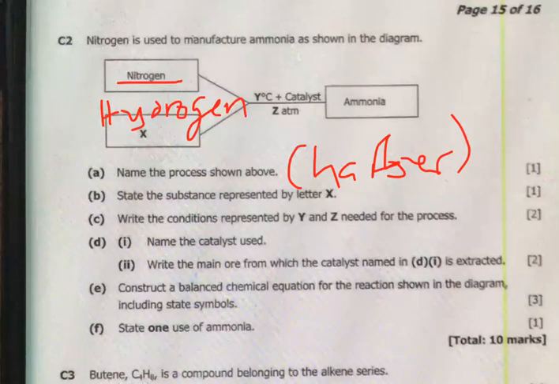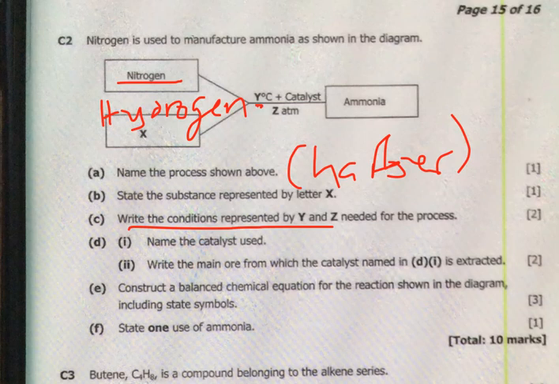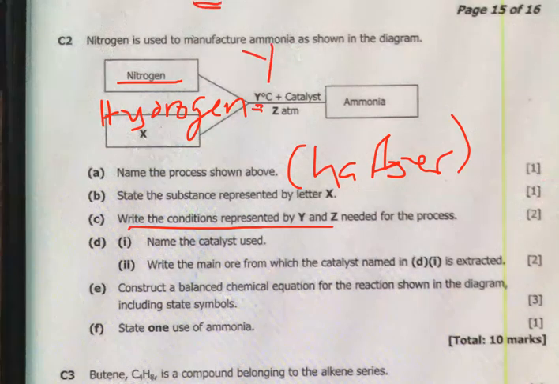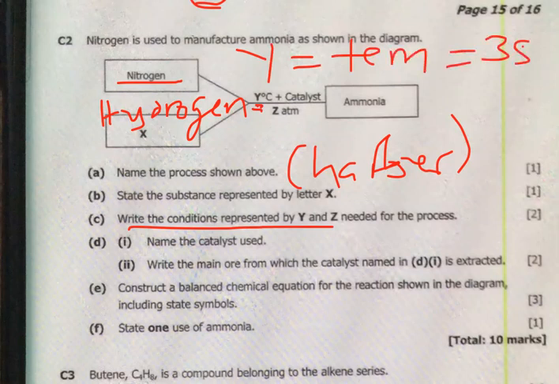Write the conditions represented by Y and Z. We already know the catalyst, so they haven't told us to write it. Now here, it's important you quantify. Y is temperature, in degrees centigrade. You give the value. So you say Y is equal to temperature, and then you quantify: about 350 degrees centigrade.